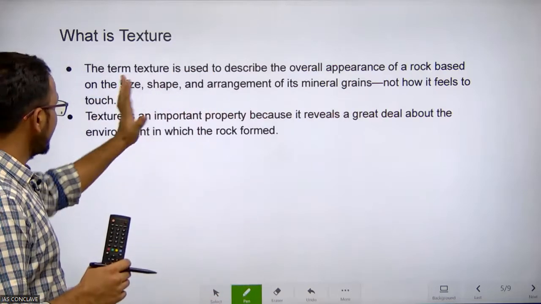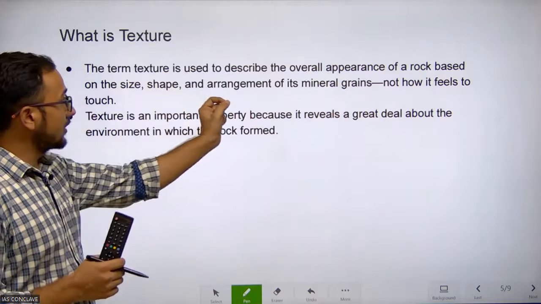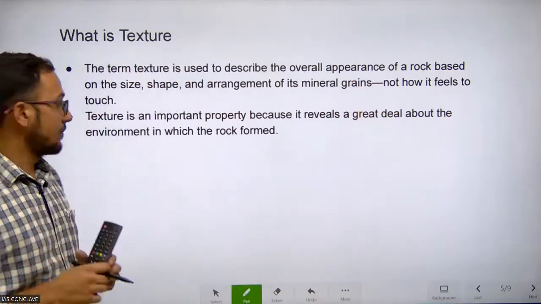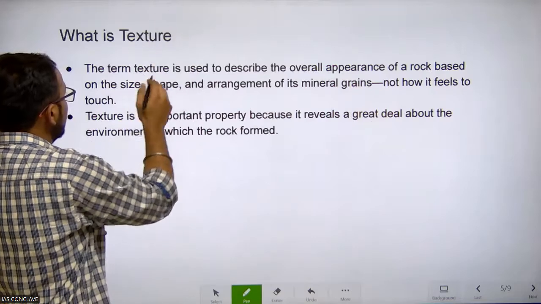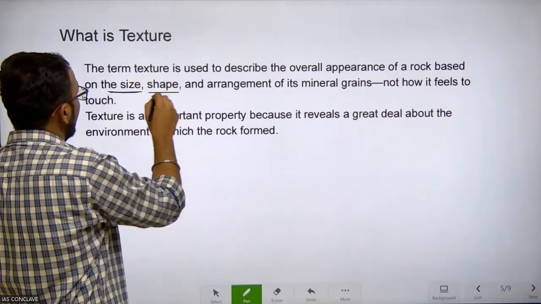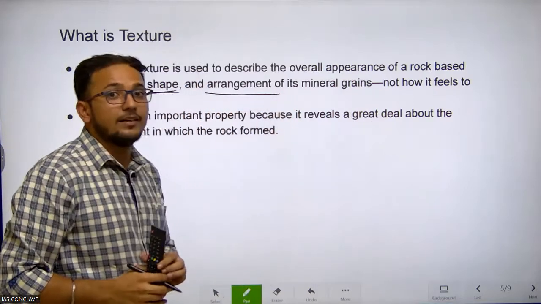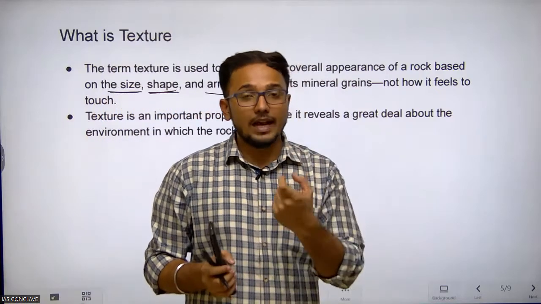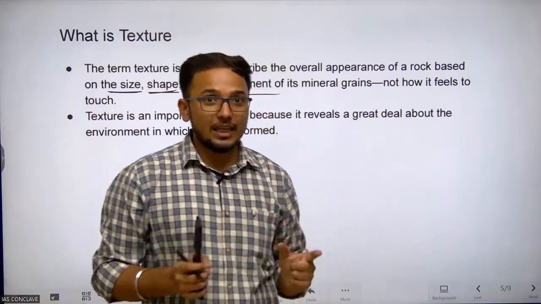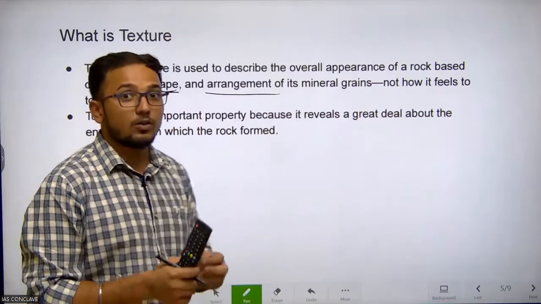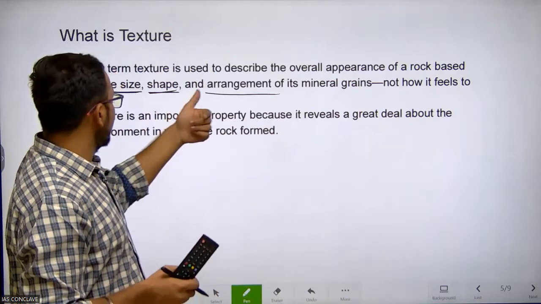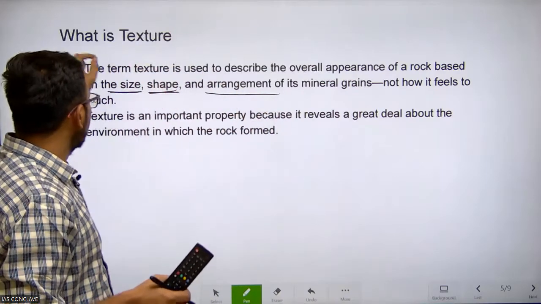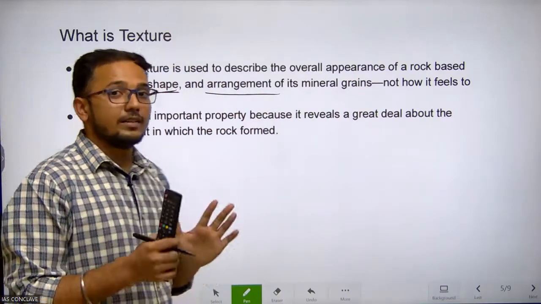The texture is the term used to describe the overall appearance of the rock based on the size, shape and arrangement of its mineral grains. The crystals, how they are arranged, what their shape is, whether they are fine grain or coarse. So this is how we can define texture.